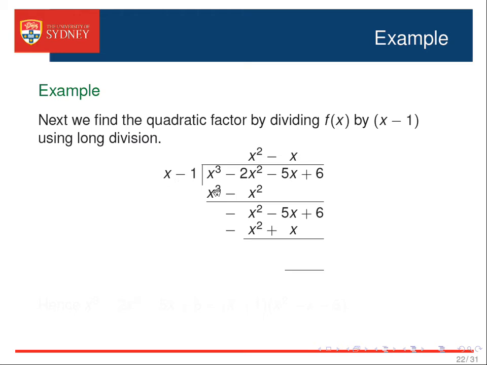This results in minus x squared plus x. Now we subtract these expressions. Again, the leading terms should cancel each other out. So we subtract x from minus 5x, which gives you minus 6x. And 6 just simply drops down.